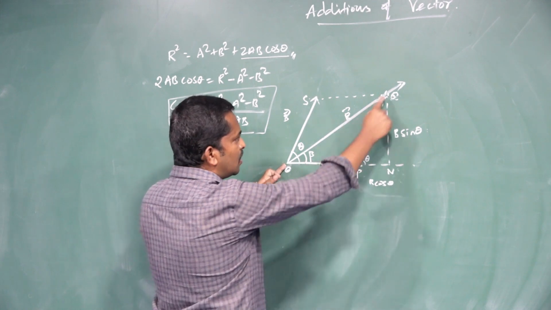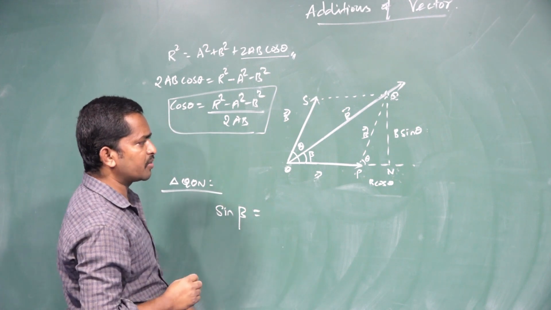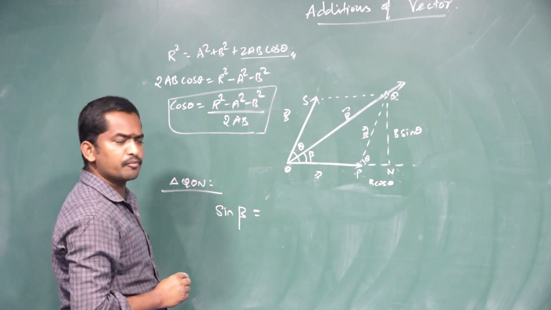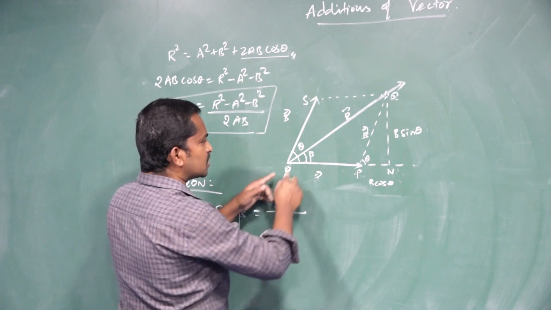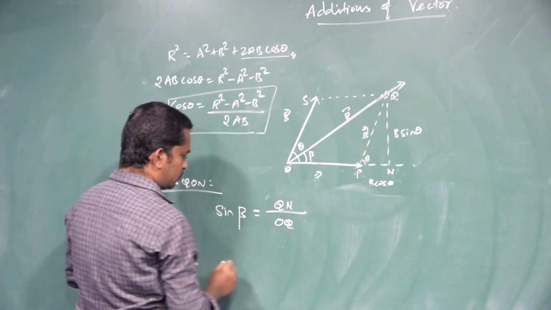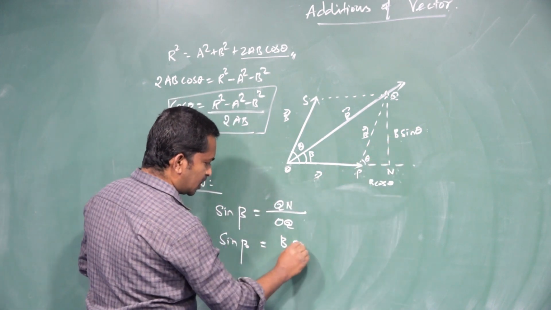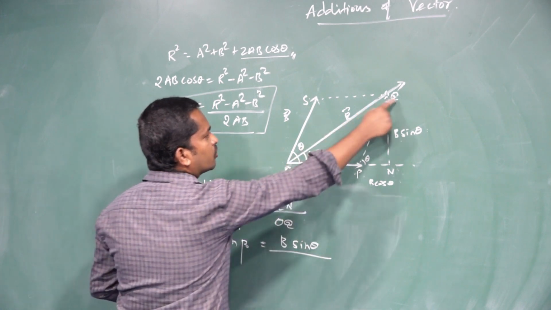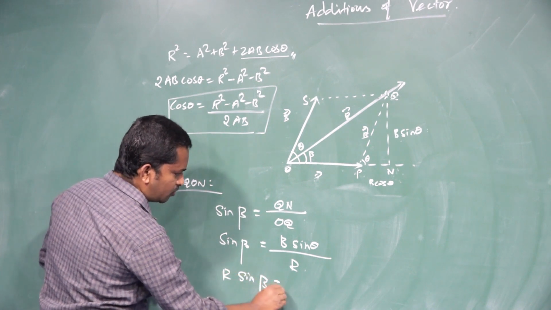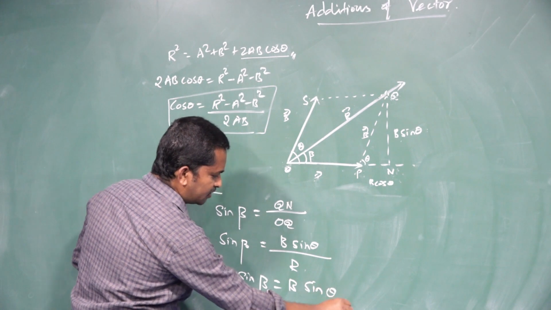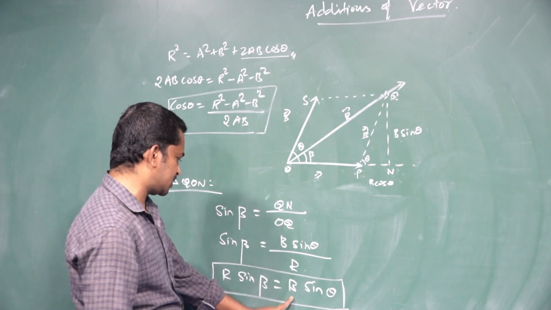In QON, sin beta is equal to the opposite side divided by the hypotenuse. The opposite side is QN, divided by the hypotenuse, which is OQ. So sin beta is equal to QN, which is B sin theta, divided by OQ, which is R. So R sin beta is equal to B sin theta. So this is B divided by sin beta.